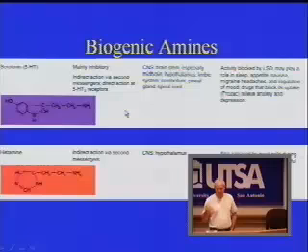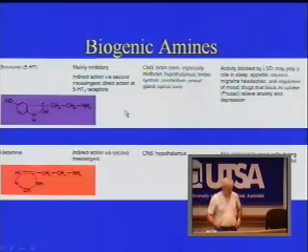Dopamine, norepinephrine, and epinephrine. Dopamine can be converted to norepinephrine. Norepinephrine can be converted to epinephrine. And serotonin and melatonin, and those are interchangeable. In the pituitary gland, serotonin gets converted to melatonin, and melatonin can be converted to serotonin.